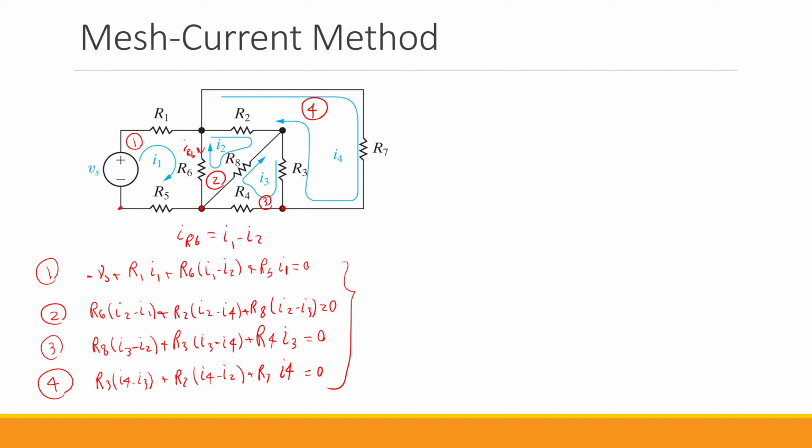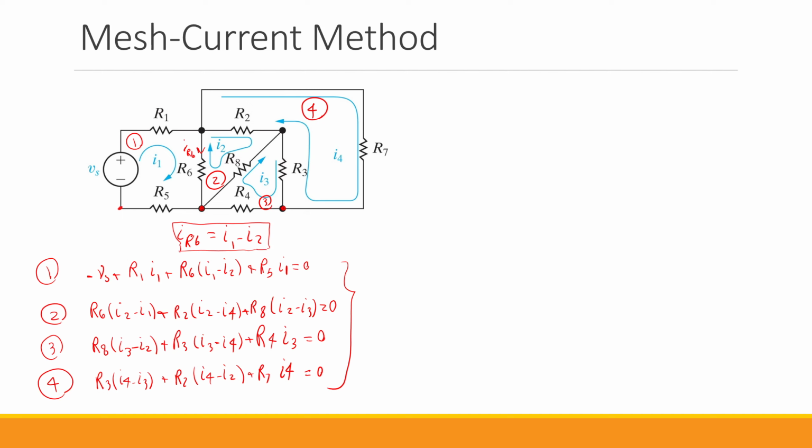So the mesh current method, and also the node voltage method, are powerful techniques that help us reduce the number of unnecessary equations that we need to solve in order to have a fully solved circuit. Doing this simple algebraic equation is not something that needs to be done simultaneously with other equations, right?